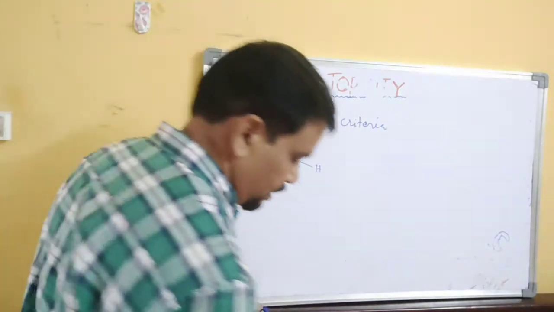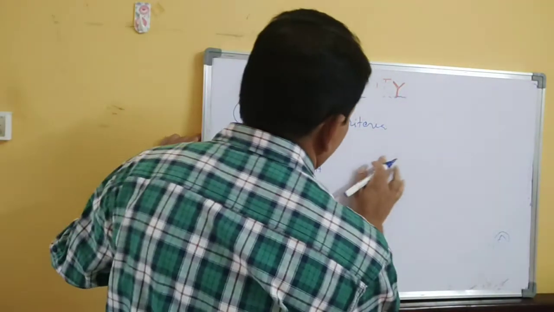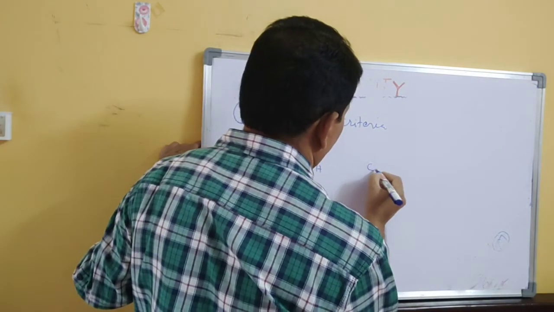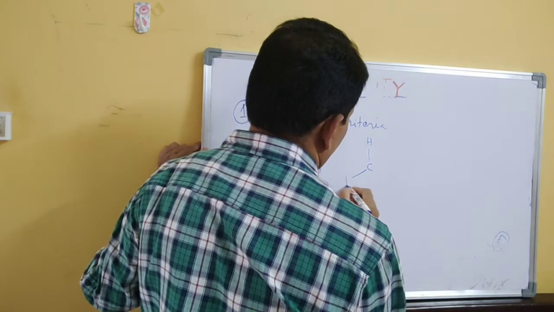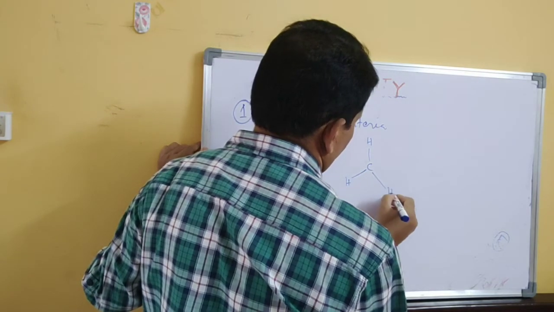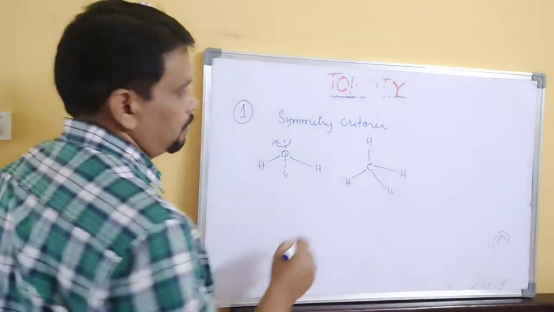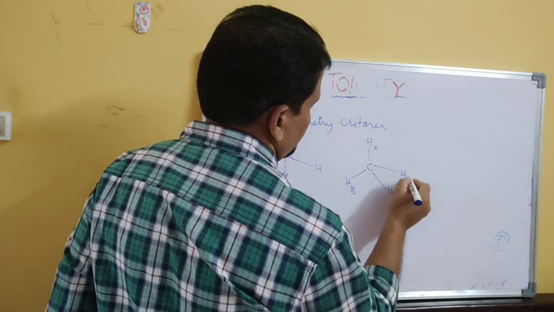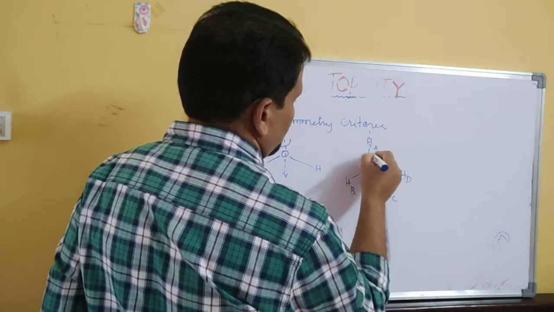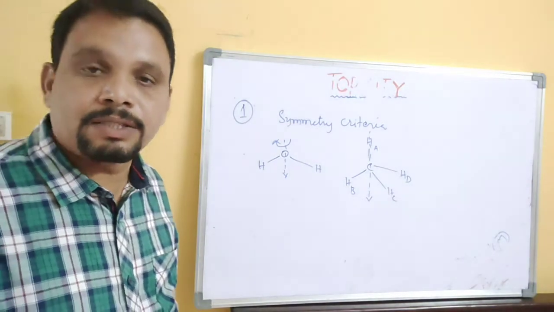And if you take a methane molecule, which is tetrahedral, with HA, HB, HC, HD, it also has a C3 axis through this axis.